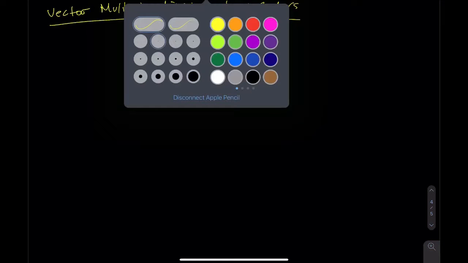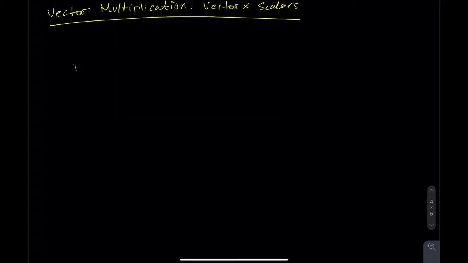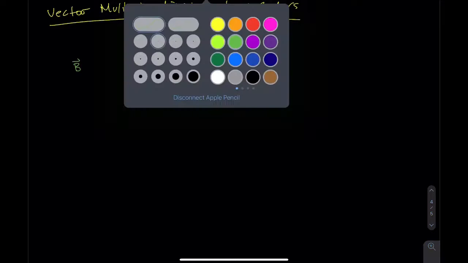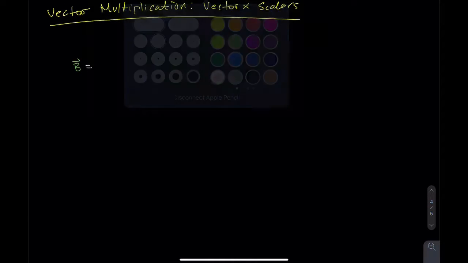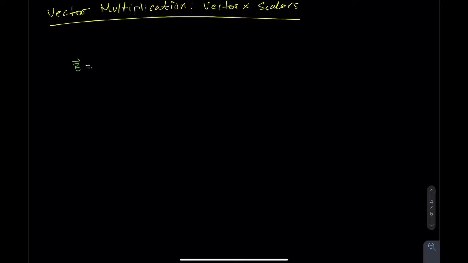So let's say we have, in green, vector b. Let's say vector b is equal to some scalar, so we'll just write in brackets like a scalar. Remember, a scalar is anything with just a magnitude.